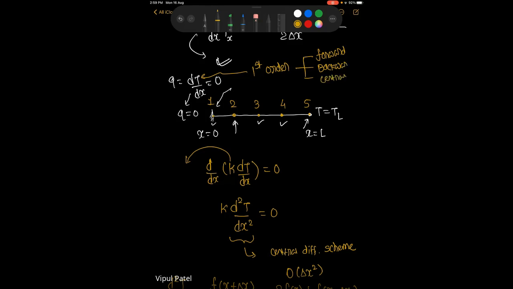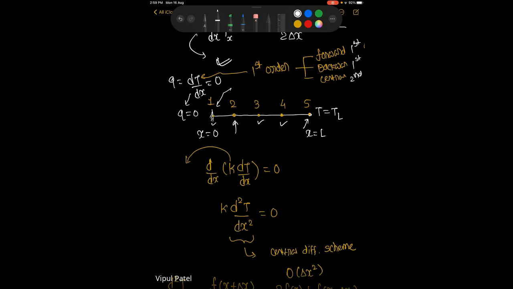And if you recall the order of accuracy, forward is only first order accurate in delta x, backward is also first order accurate, and central is second order accurate.